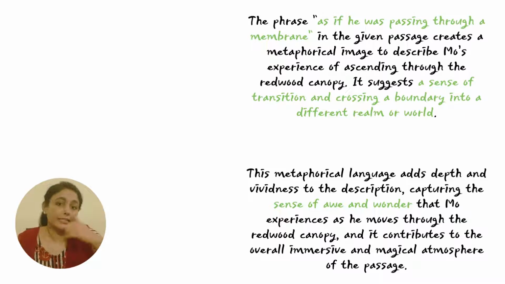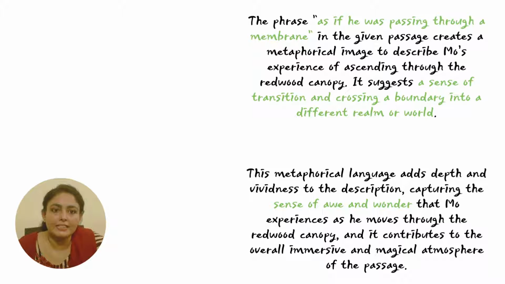Okay, and so it's a very different feeling, and he gets disconnected from the world from where he was coming. Okay, so that connection is done through a barrier, and that barrier is called here a membrane.